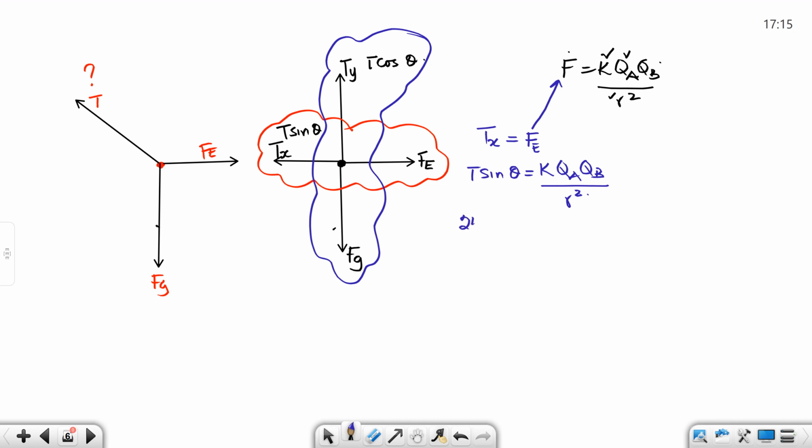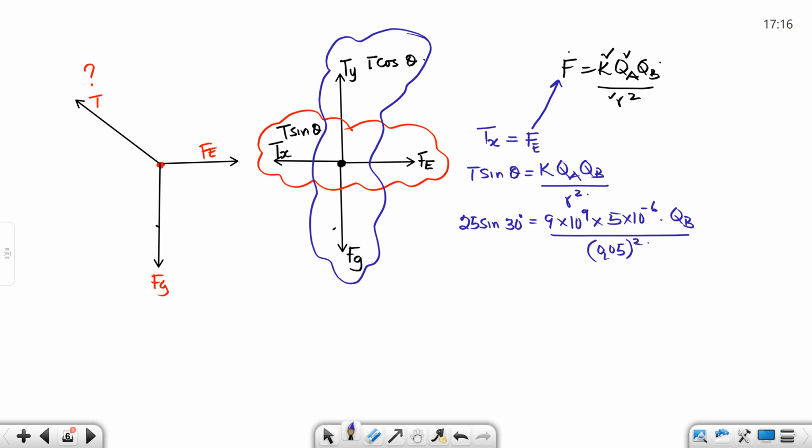Do I know my tension? Yes. 25 sine 30 degrees equals 9 times 10 to the power 9, please don't worry about the charges, 5 times 10 to the power negative 6 QB over, I think we said 0.05 squared, right? I know we are all maths learners.